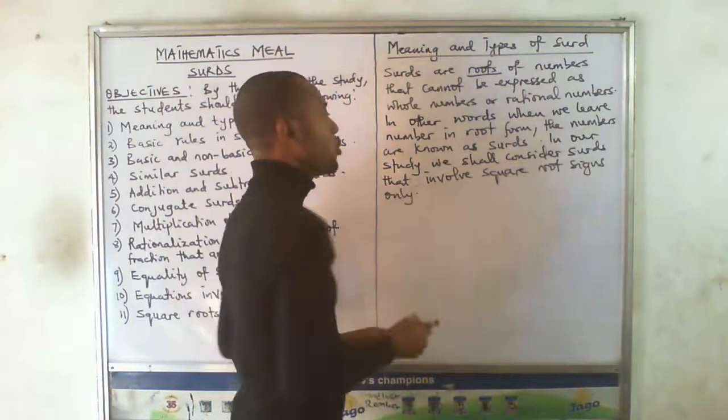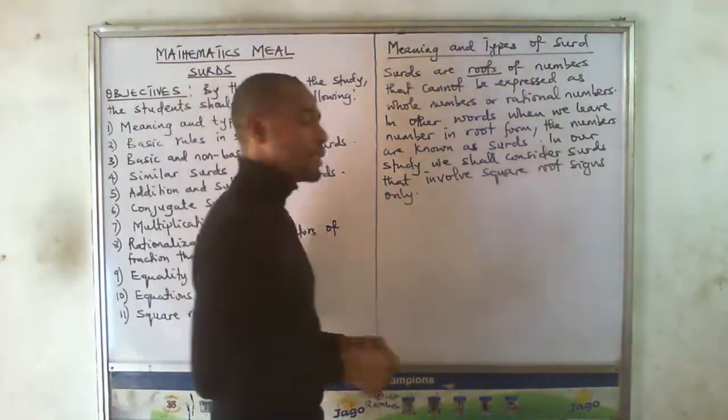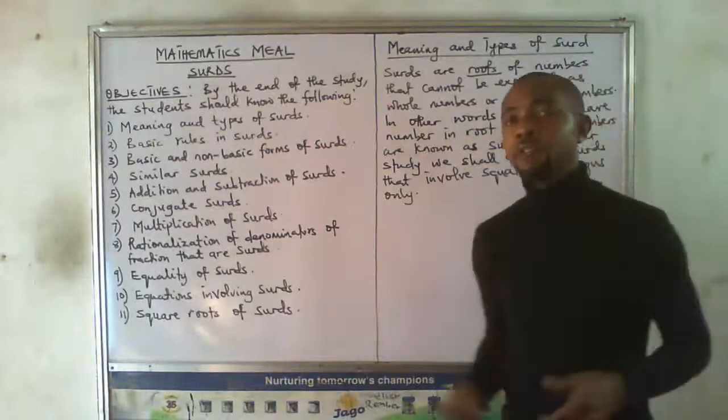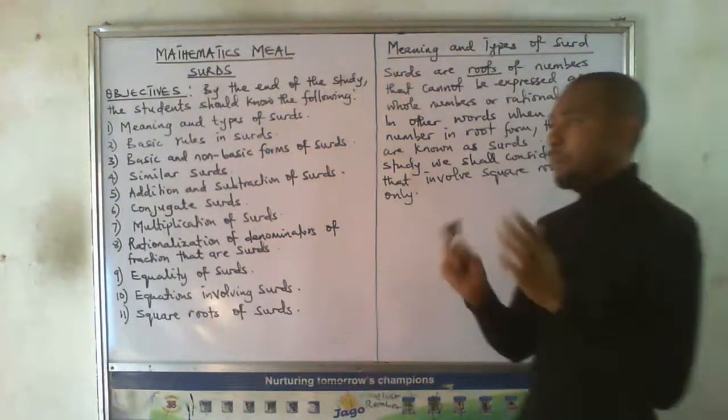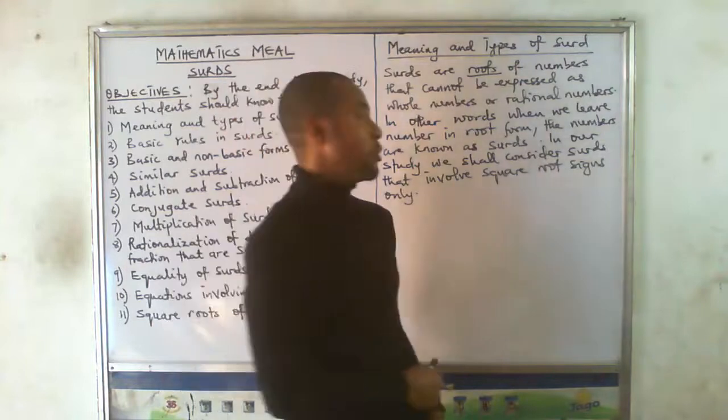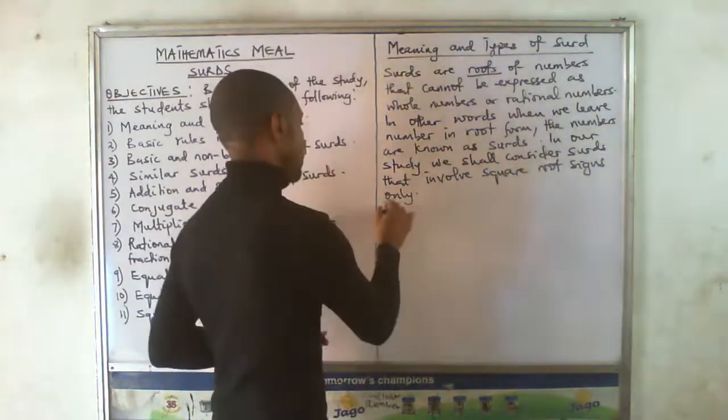So we are not going to be looking at surds that have cube root, fourth root, fifth root, any root, apart from the ones that are expressed in square root form.